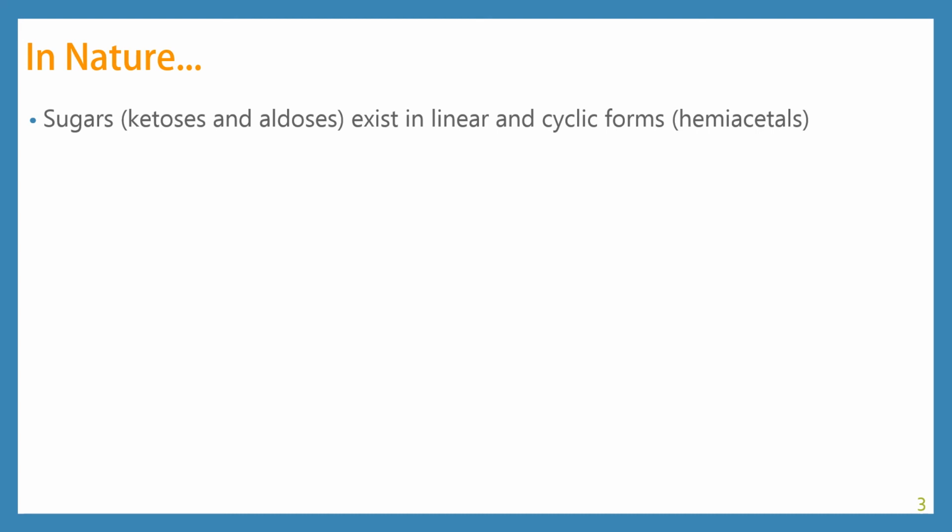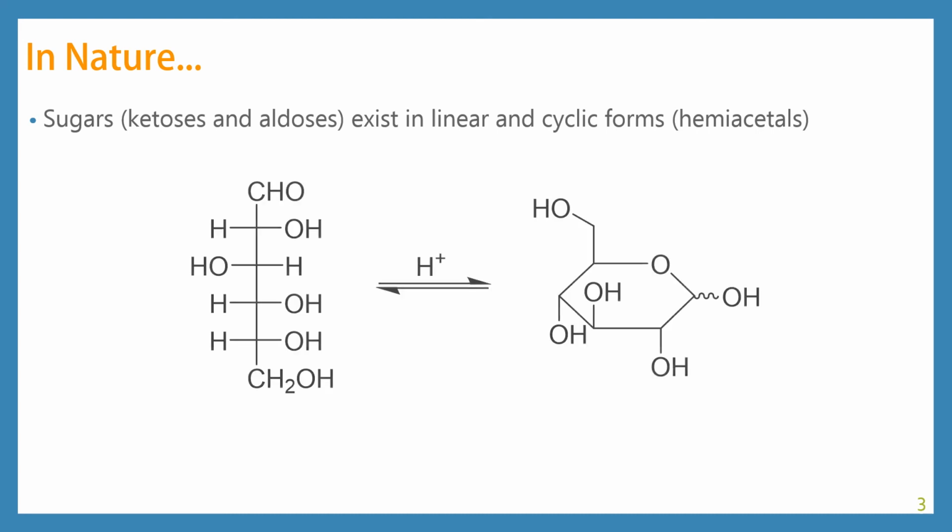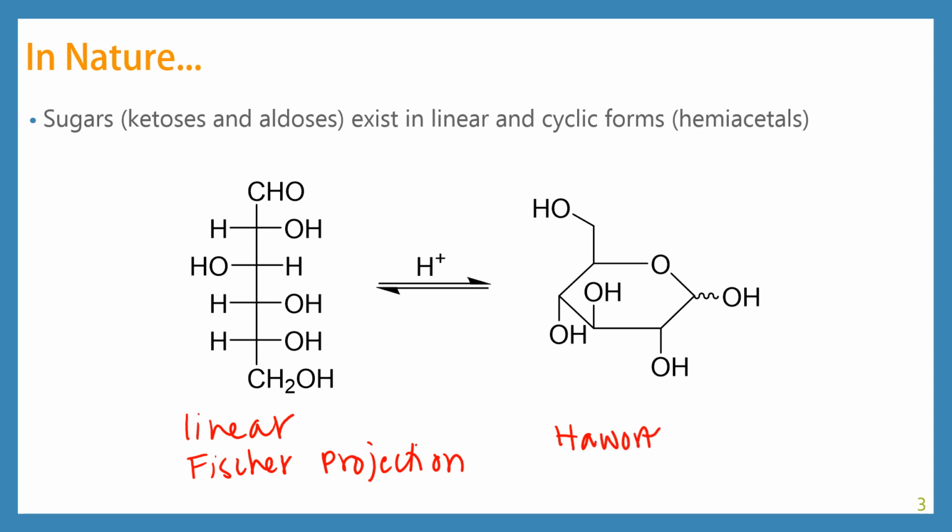So sugars, ketoses and aldoses, exist in linear and cyclic forms. The linear form is usually drawn out in what's called the Fischer projection. And the cyclic form is drawn out in what is called the Haworth projection.